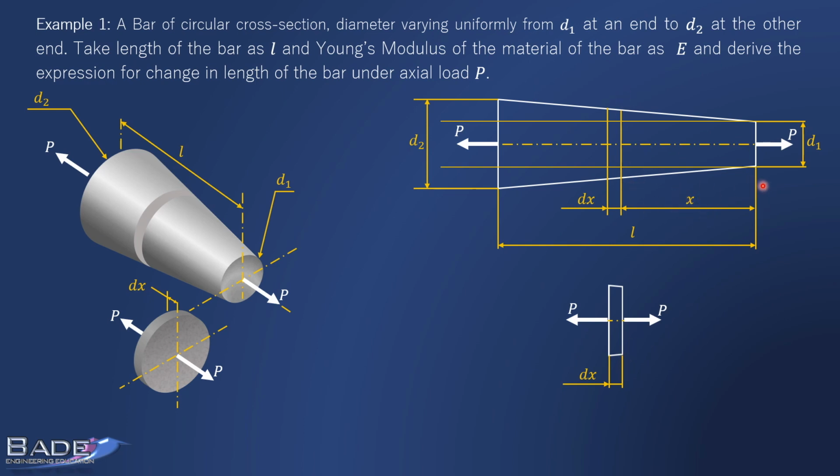When x is 0, diameter is D1. When x is equal to L, diameter is D2. So diameter of the cross section of this bar is changing with x. So we must express that diameter in terms of x. And that is why we are studying the geometry of this diagram.